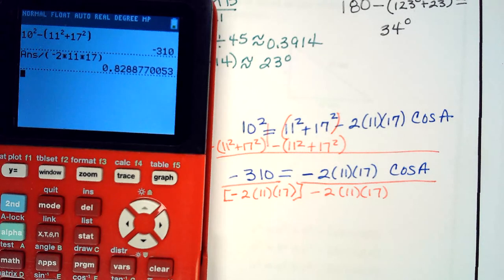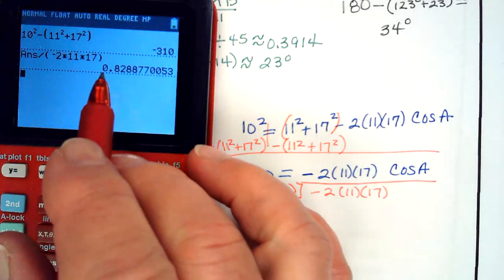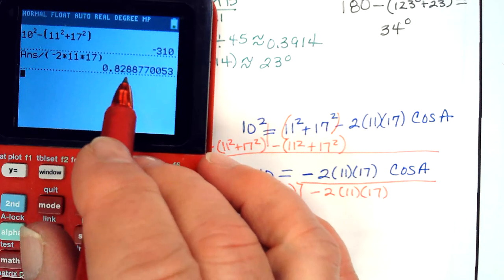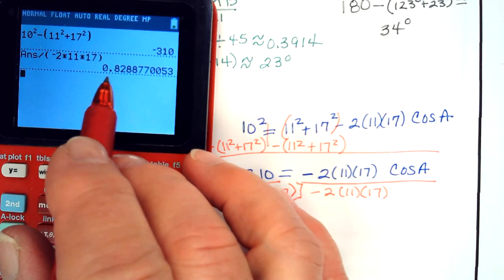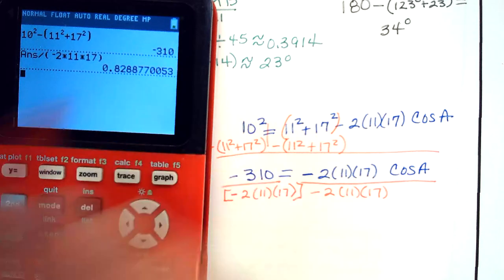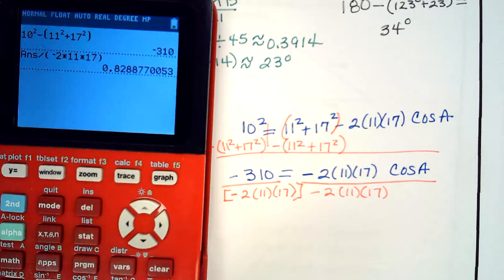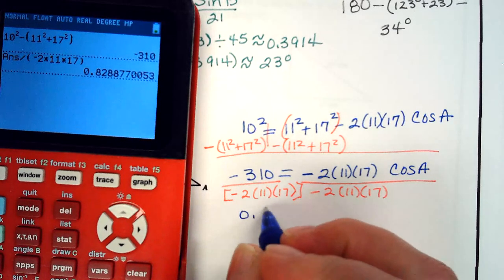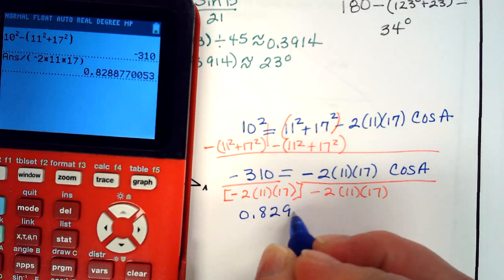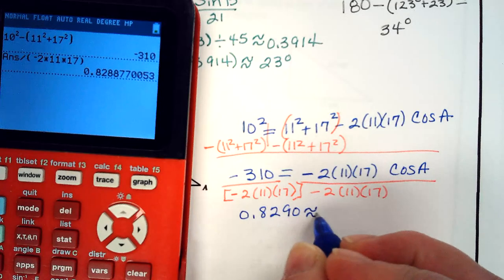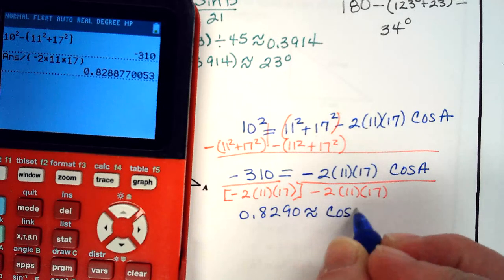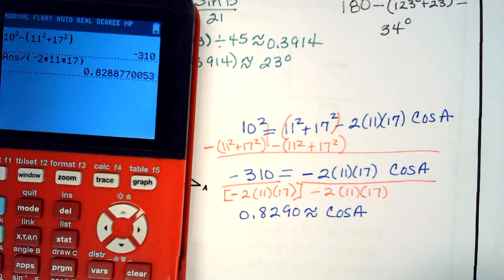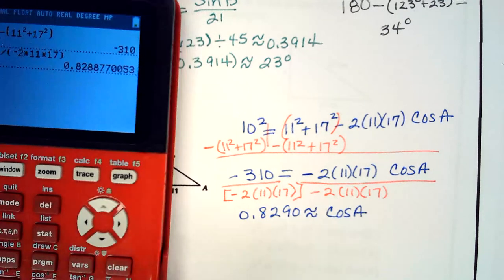There's my decimal. 0.8288 would be 0.8290. Use your cosine inverse.